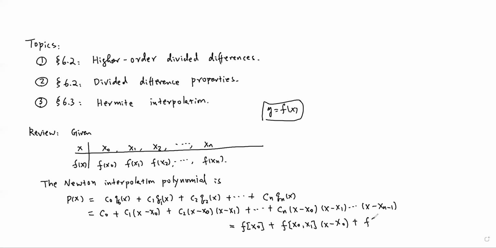C2, the notation is this, times x minus x0, x minus x1, and so on. Cn, the new notation is this. Cn depends on function values at x0, x1, up to xn. Function value is this.